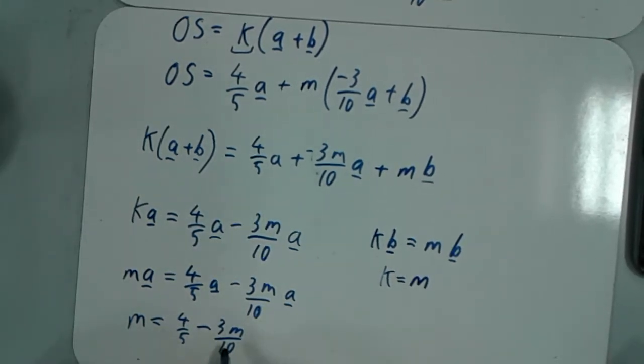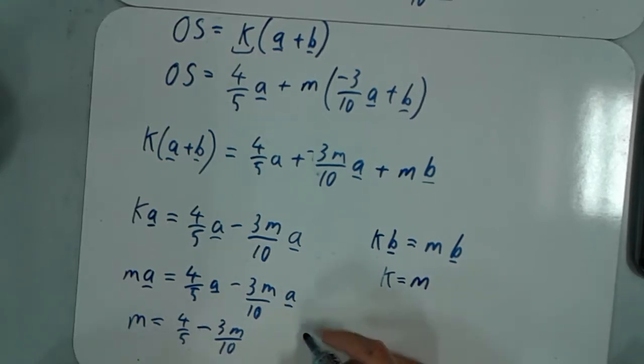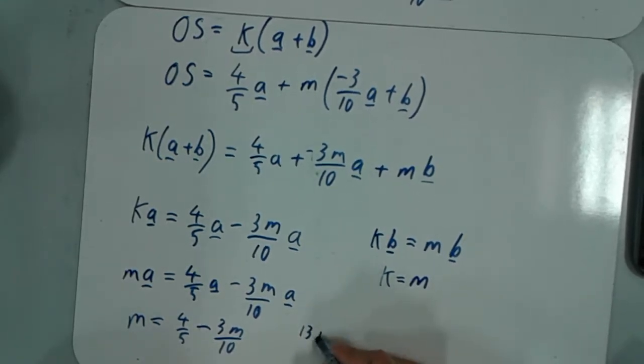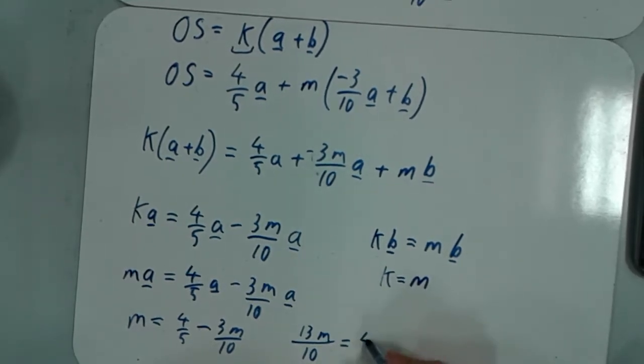And now I can just solve this. Add the 3/10 m over to here. I'm going to get 13m over 10 is equal to 4/5, multiplying through by 10, dividing by 13, I get that m, and therefore k, is equal to 8/13.